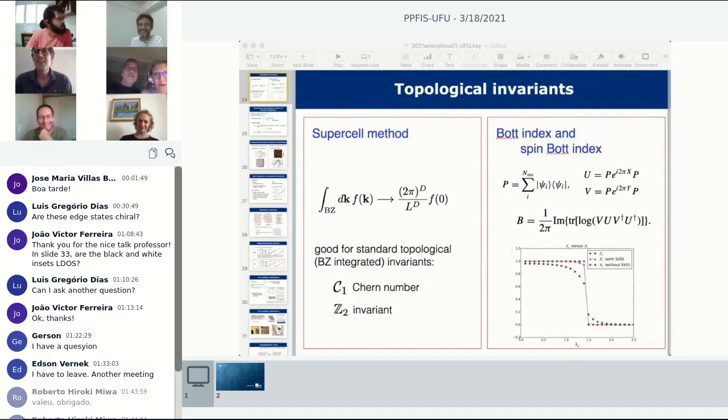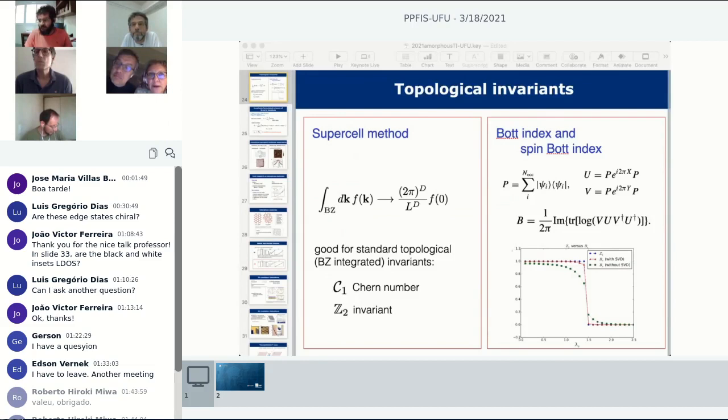What I really like about the talk is that you did a DFT study. And in DFT, you can see what happens with the orbitals. You really get into the dirty secrets of the material. Now, can these states be related to dangling bonds or surface reconstructions that occur when you cut the material?